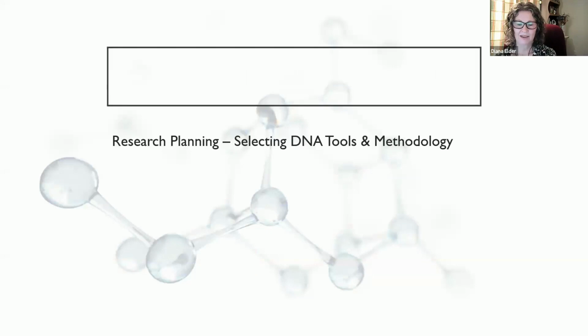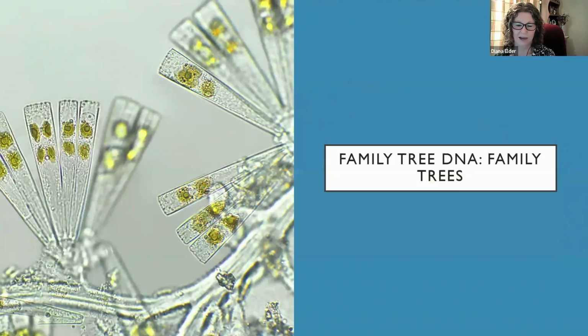So this month, our basic theme was on research planning, selecting DNA tools and methodology. And because we have a really new thing that just came out, which is FamilyTreeDNA and their family trees switching to MyHeritage, I thought it would be really good to go through that because we, of course, teach that you should have your DNA on all the different testing websites, and FamilyTreeDNA is one of those.